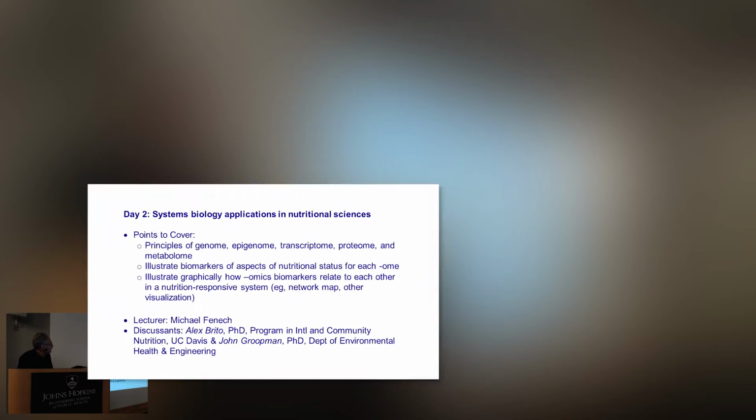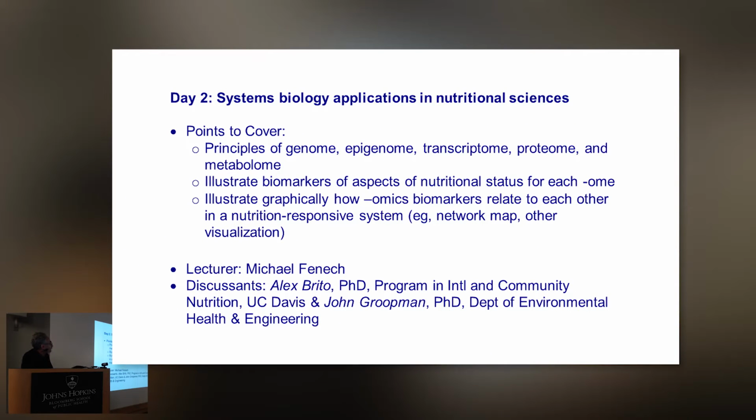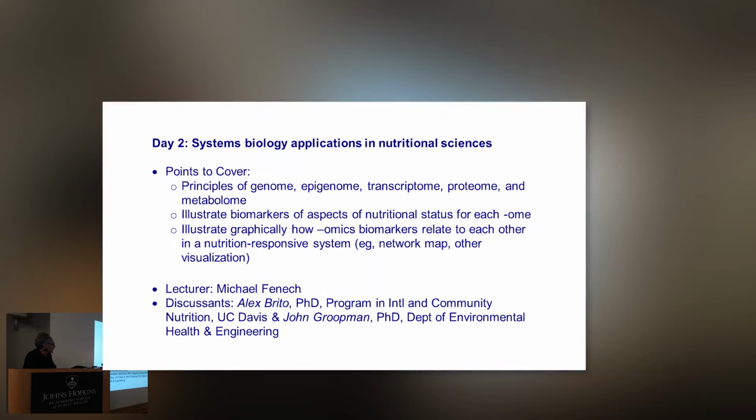So the points that I'll be covering here are the principles of genome, epigenome, transcriptome, all the omes, so the multi-omic approach, some of the biomarkers that are used to determine nutritional status, and some ways of representing this omic data through network maps and so on.